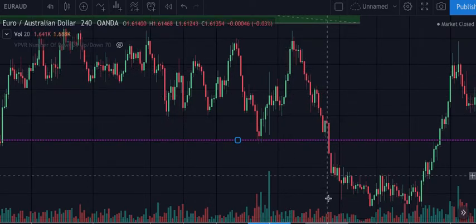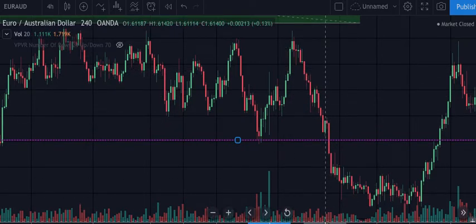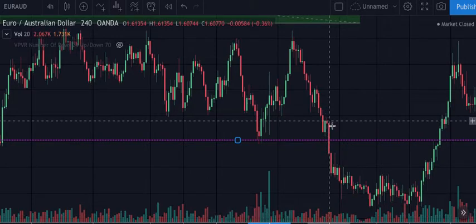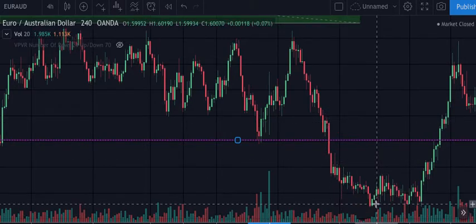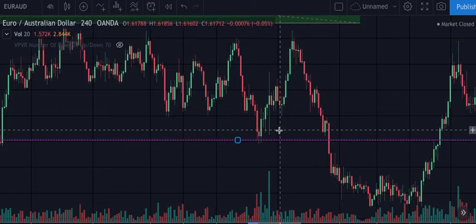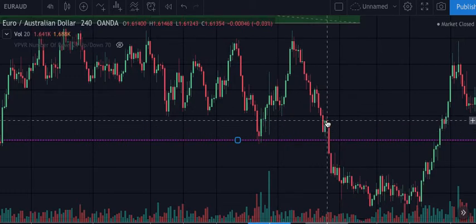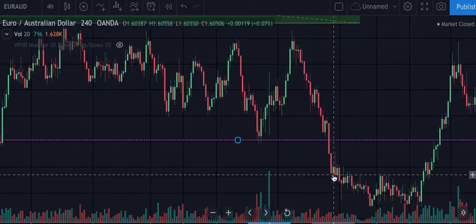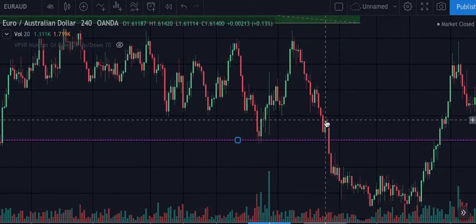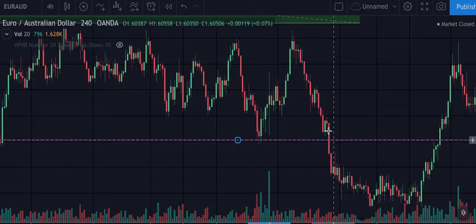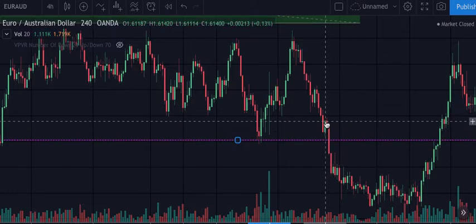This candle, the volume is dead. Fake move, y'all. Fake move. Then you see this huge push down. Now, people that wouldn't have used volume probably would have bought right here, and they would have got stopped out, because this is a 4-hour chart, so I highly doubt that you're giving yourself this much drawdown.